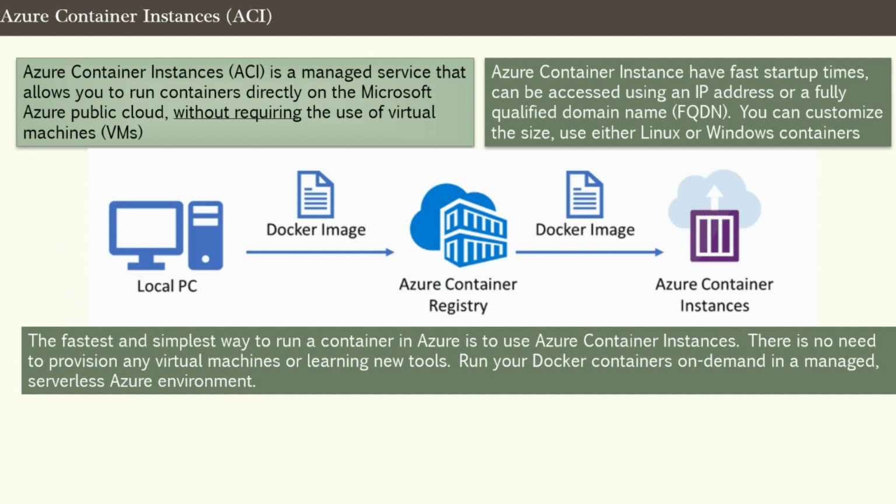There is no need to provision any virtual machines or learn new tools in order to use Azure Container Instances. Run your Docker containers on demand in a managed serverless Azure environment. These Azure Container Instances again have fast startup times and they can be accessed using an IP address or a fully qualified domain name, FQDN. You can customize the size, and you can use either Linux or Windows containers.